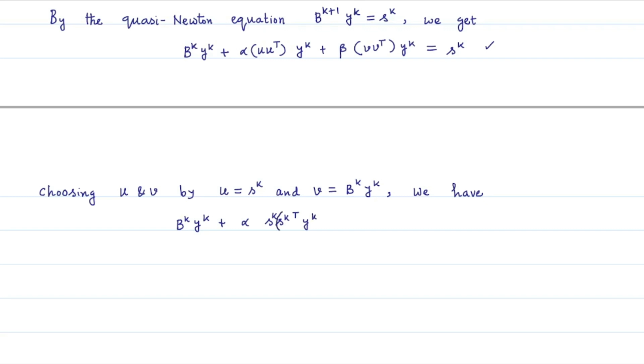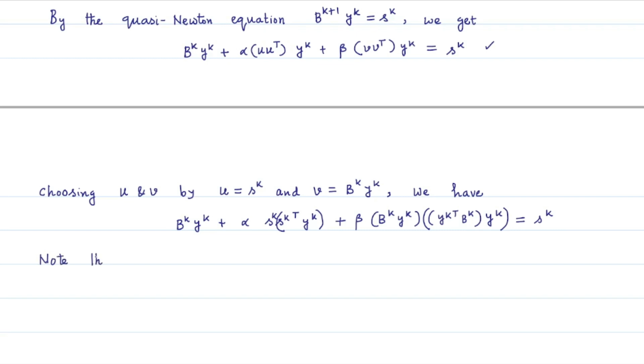Here we may apply the associativity property of matrices. Plus beta times bk yk yk transpose bk into yk, is equal to sk. So if we take here alpha as 1 upon sk transpose yk and you choose beta to be minus 1 upon this quantity, then we see that this bk yk will get cancelled with this bk yk and what remains on the left hand side is sk, which is identical with the right hand side.